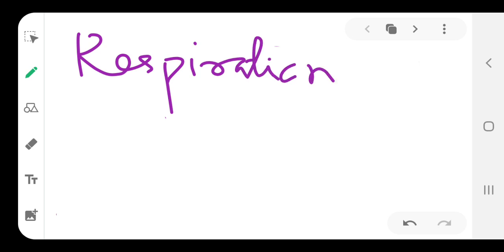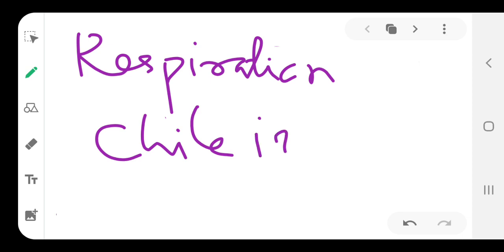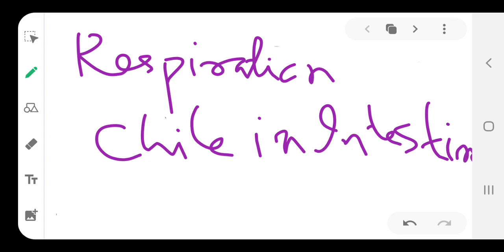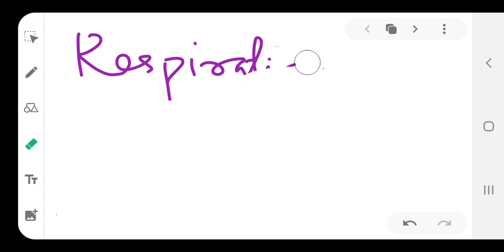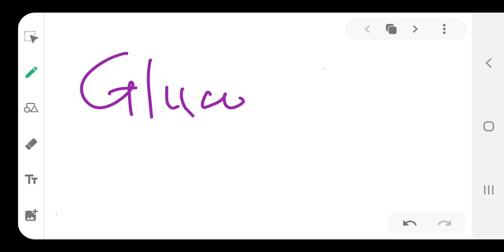Respiration means the food that we have consumed and turned into something called chyle in the intestine is finally absorbed in the blood and runs into the liver, and then from the liver goes into the blood and finally winds up at this junction in the form of glucose. And here our topic for the day begins.